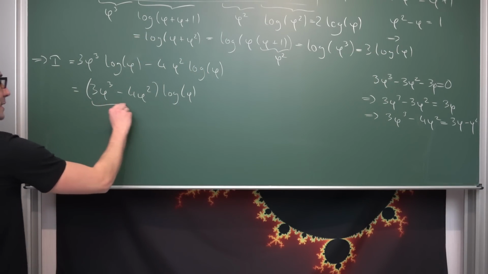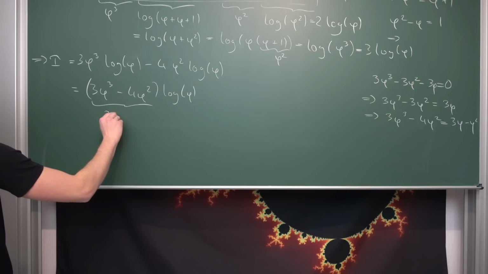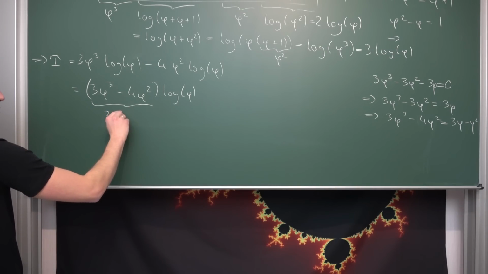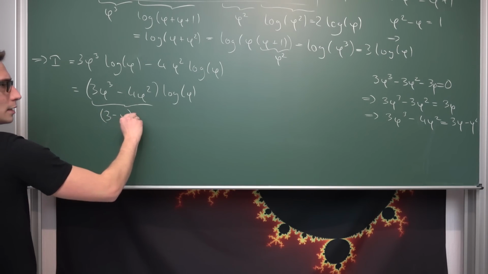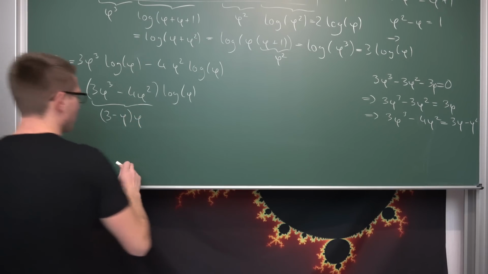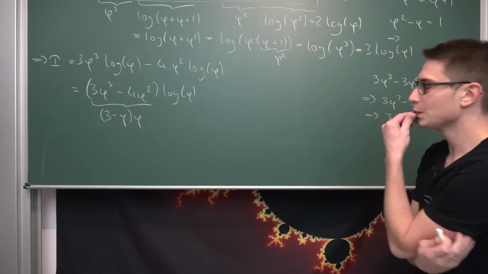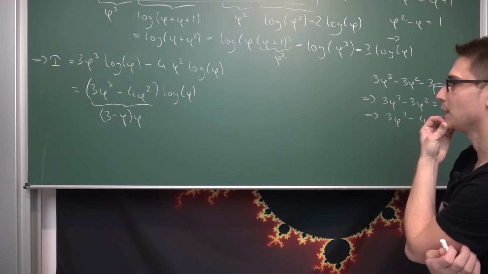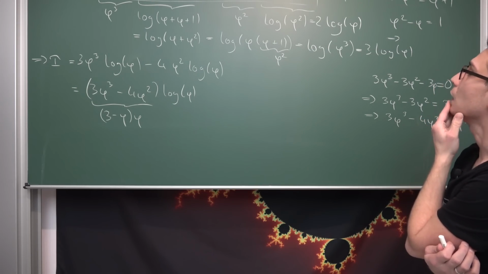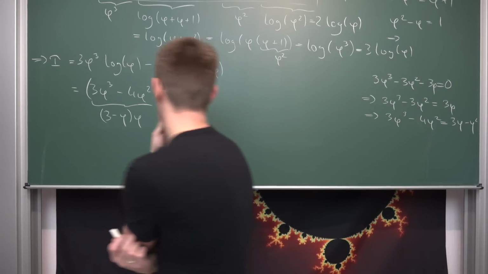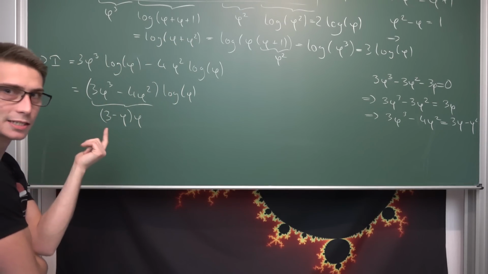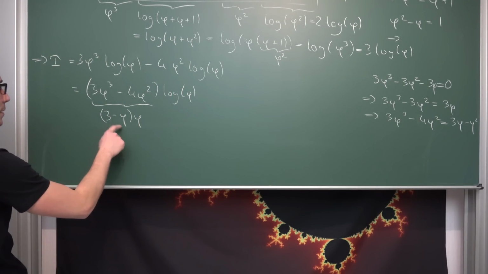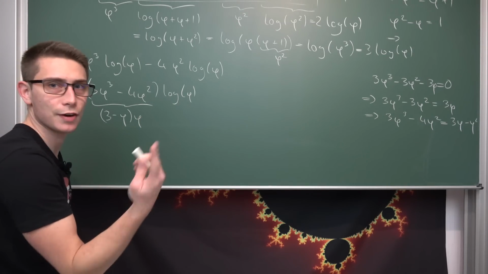So this part right here is nothing but 3 minus φ times φ. Okay, that's something that we are having right now. And is there any other identity we can use? I mean, this is already a pretty nice answer if you ask me. This is the same as 3 minus φ times log of φ to the 5th power.